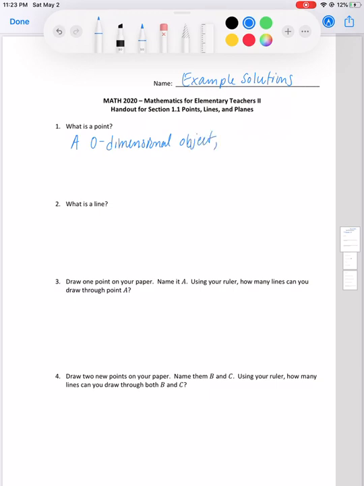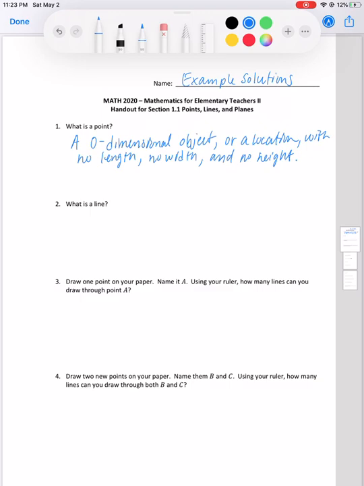It can also be referred to as a location, and it has no length, no width, and no height. Okay, zero dimensions, so there are no attributes to measure with it. You can think of it as a location, just a spot.